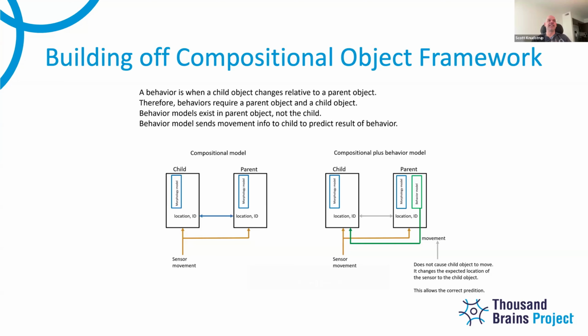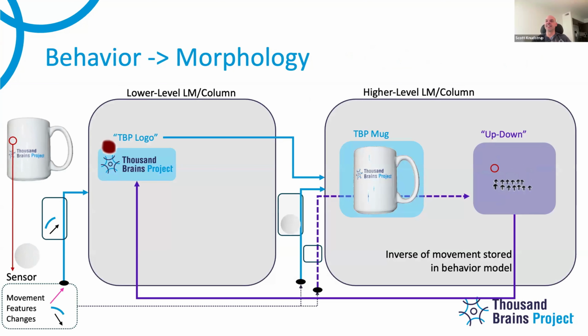Okay, this next figure hammers that home. As a reminder, we've got a compositional object here. This logo is moving up and down, but in this example, the sensor is fixed. So the sensor is picking up on movement, which then passes into the behavioral model, into the next higher level LM.